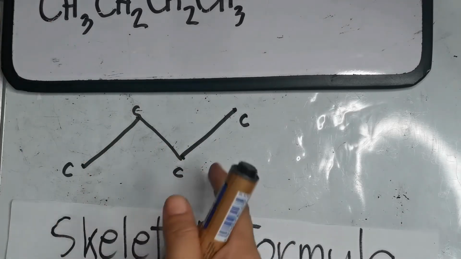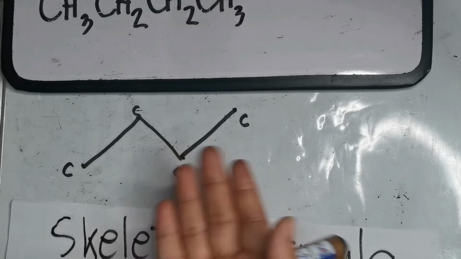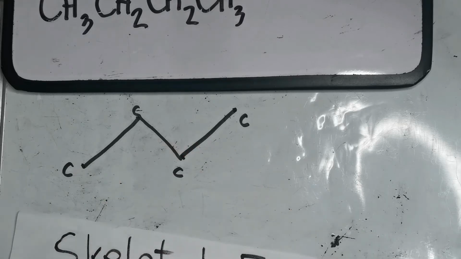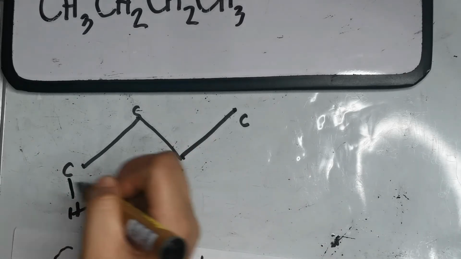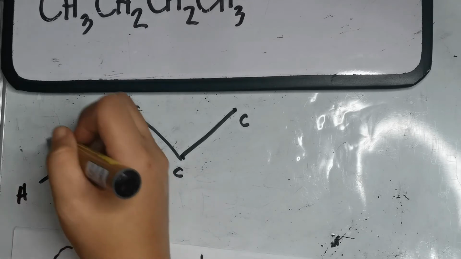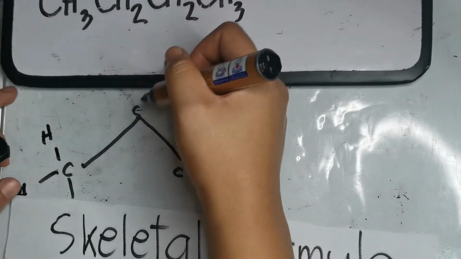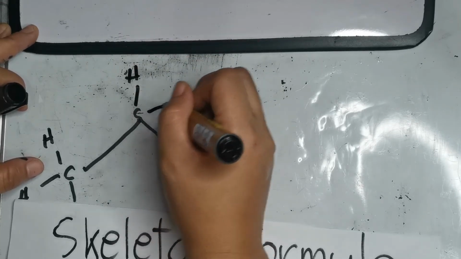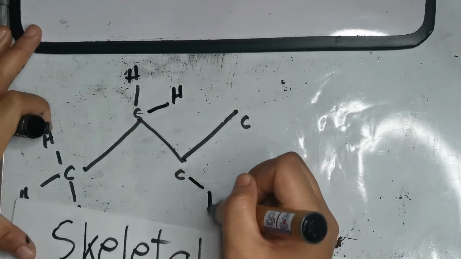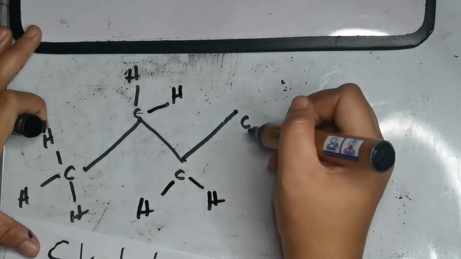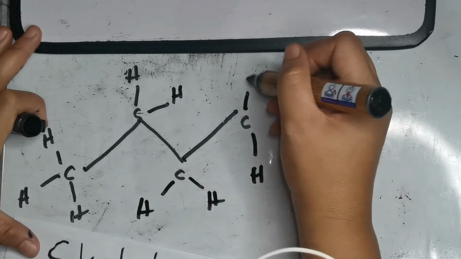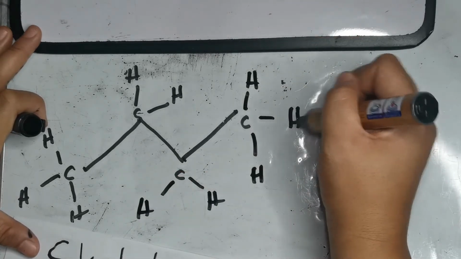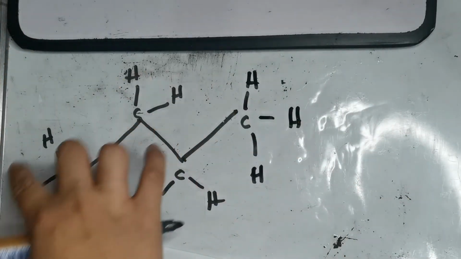Then by that, just simply looking at this, it is already connected with hydrogens. So, nakakonekta na yan na hydrogen. 1, 2, 3, 4, 5, 6, 7, 8, 9, 10.